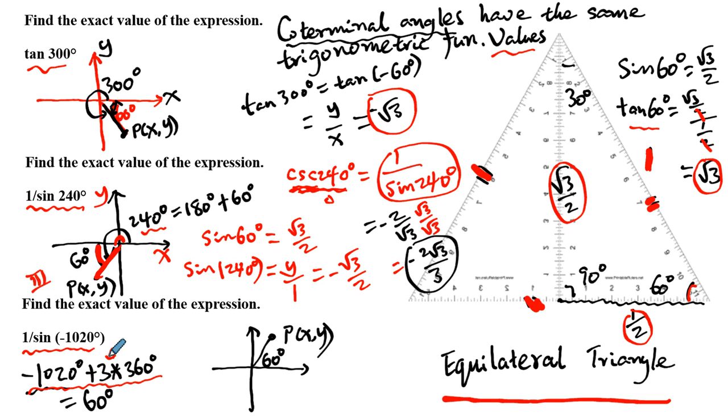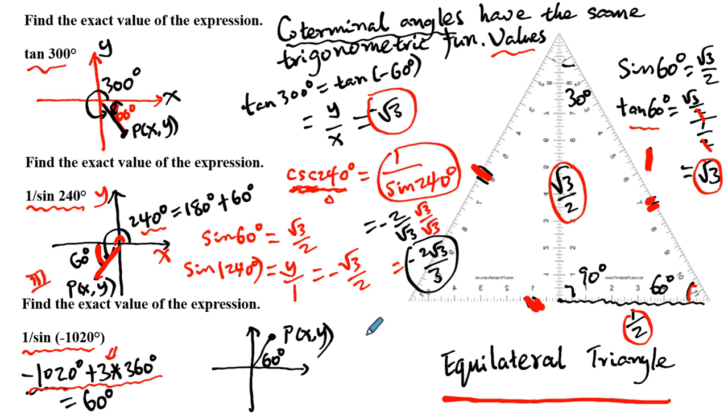If you add 360 degrees 3 times, then you get 60 degrees. So negative 1020 degrees has the same terminal side as 60 degrees. That's even easier.